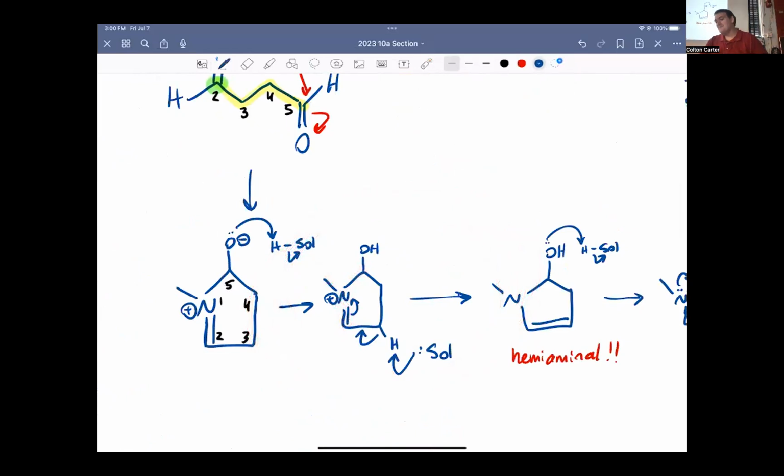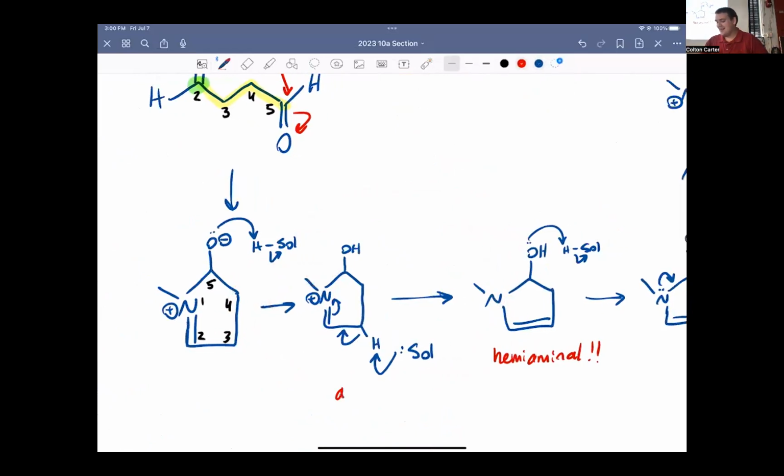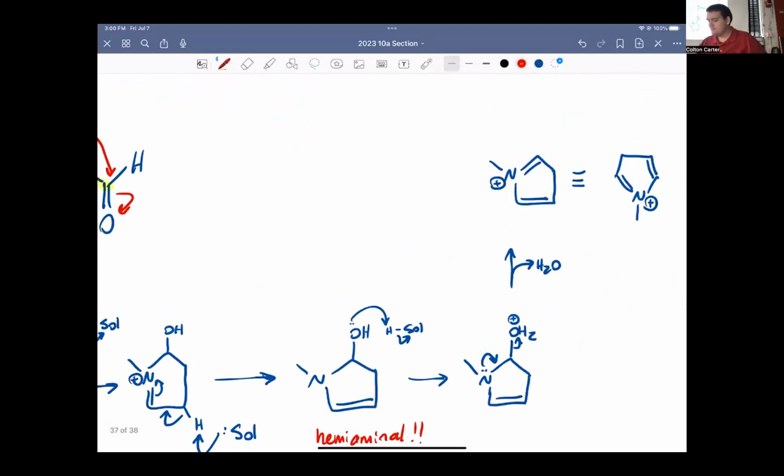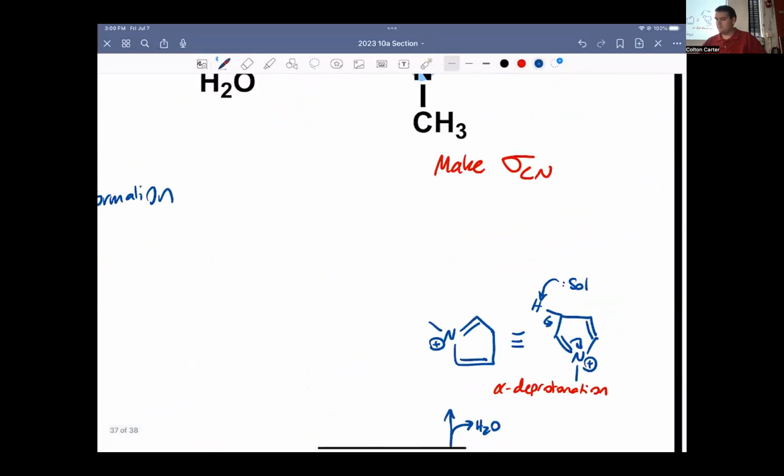Then yes, alpha deprotonation. And having the name of it lets you know that's a tool in your arsenal. So we draw out the alpha H. Something in the solution comes along and deprotonates it.